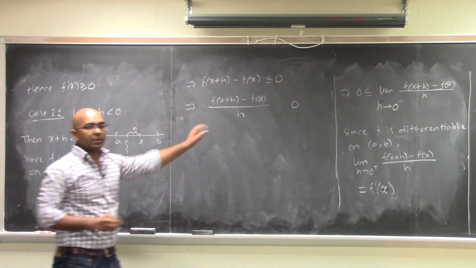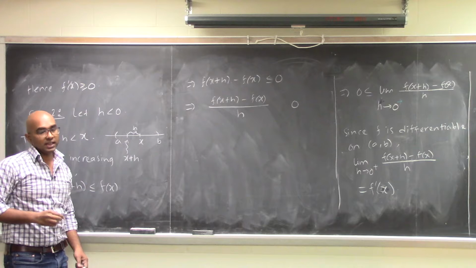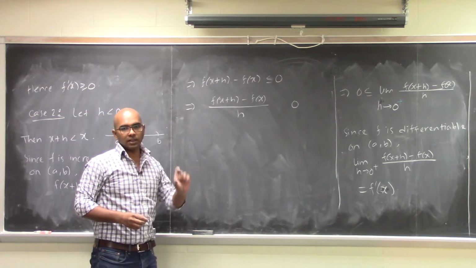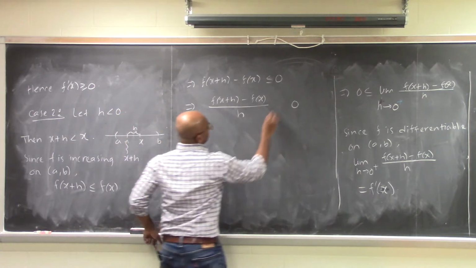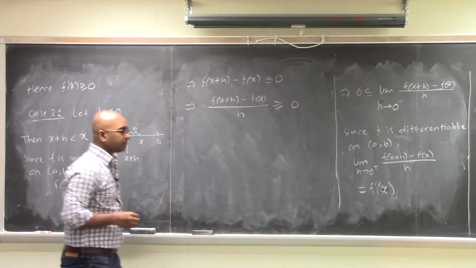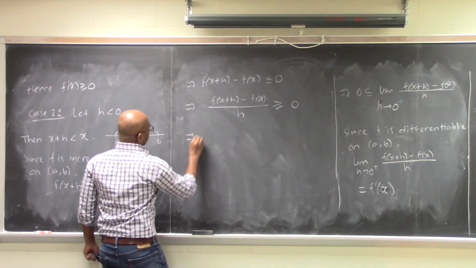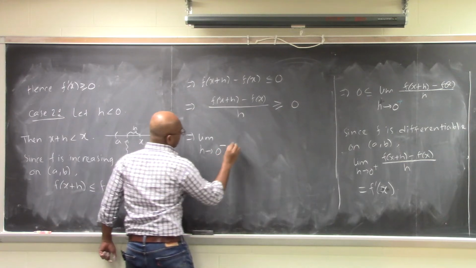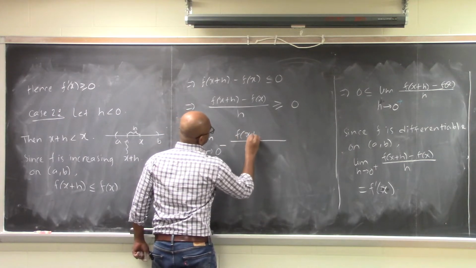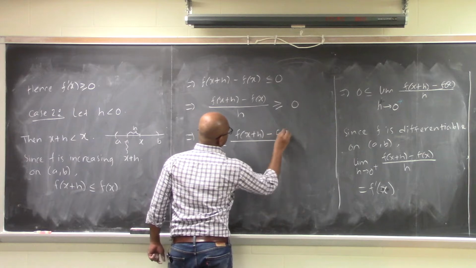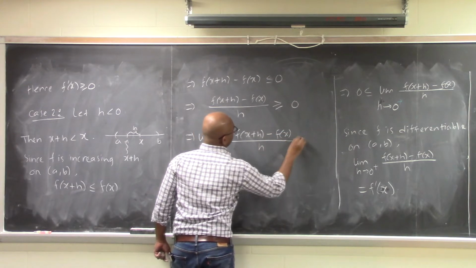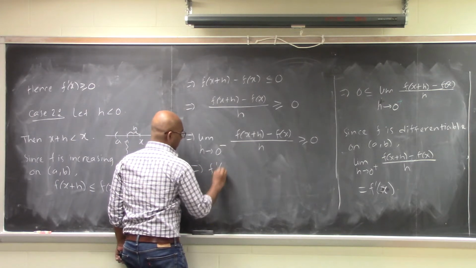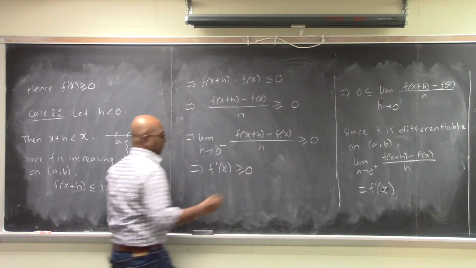But something will happen with the inequality. Yes, it will flip because h is negative, right? If you multiply or divide by a negative number, inequality signs flip. So this is going to be bigger or equal to 0. Now just take the limit as h approaches 0. Since h is negative, h approaches 0 from the left, and f of x plus h minus f of x over h is bigger or equal to 0, but this is just f prime of x, that is bigger or equal to 0.